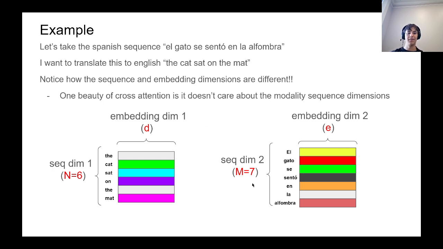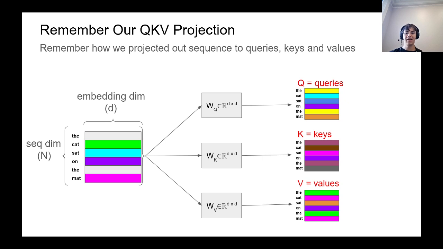So notice how this is of size 6 and this is of size 7. That means the dimensions are a bit strange, and it's kind of non-trivial to do this attention. So how do we do this?